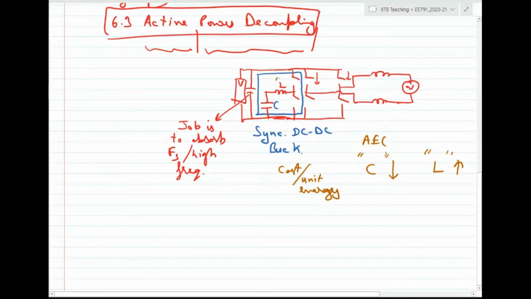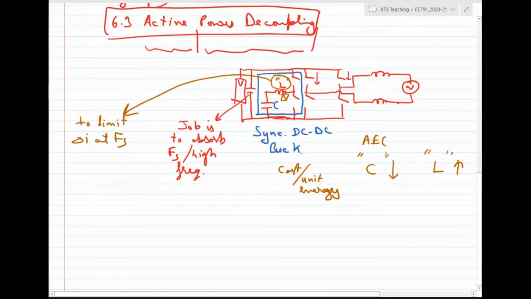For L, we just add sufficient. The main role of L here is not to store energy, but just to ensure that the ripple current is limited to a certain value. So again, the role of L is very similar to the outside C, which is to limit delta I at switching frequency.